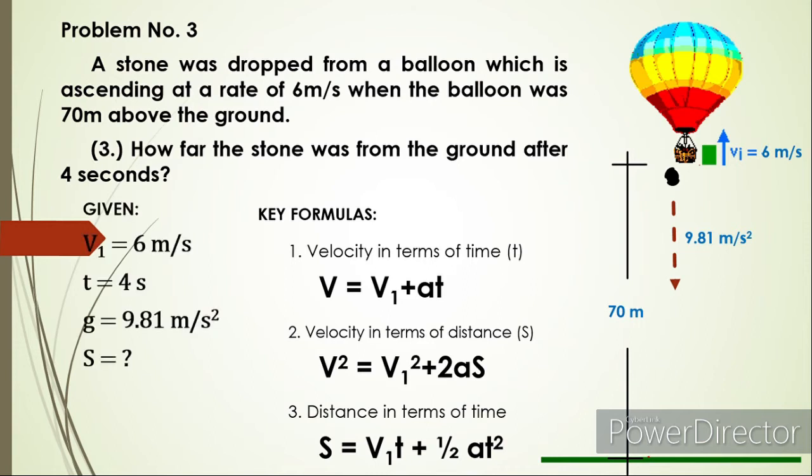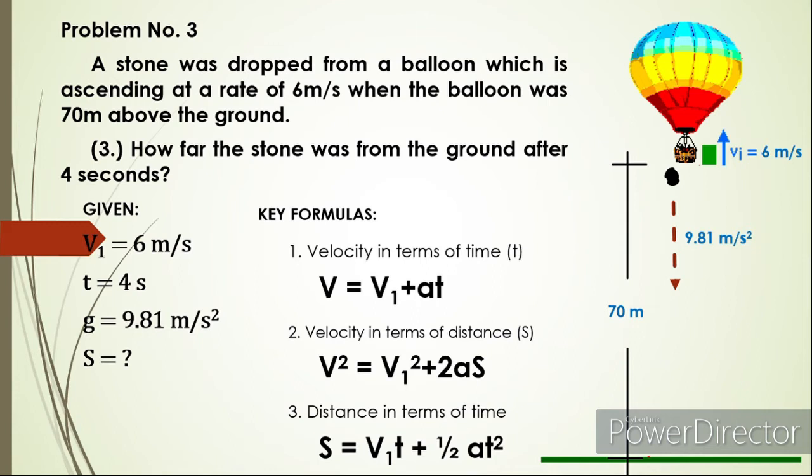Question number 3. How far the stone was from the ground after 4 seconds? So meron tayong given na V1 is equal to 6 meters per second, time which is 4 seconds, gravitational acceleration which is 9.81 meter per square second.